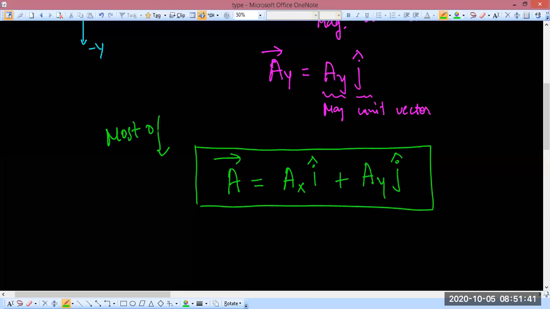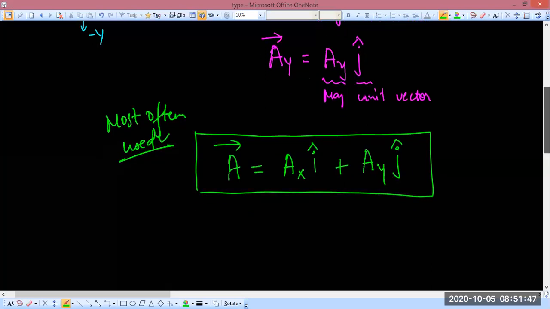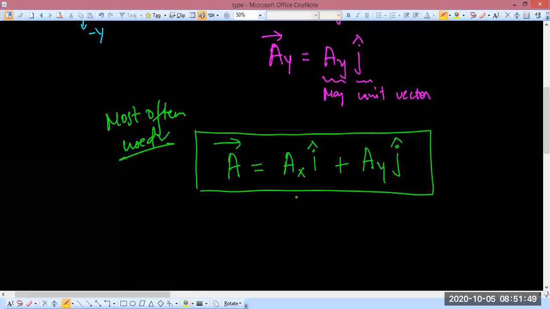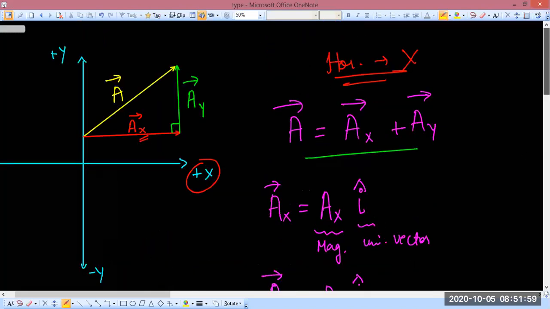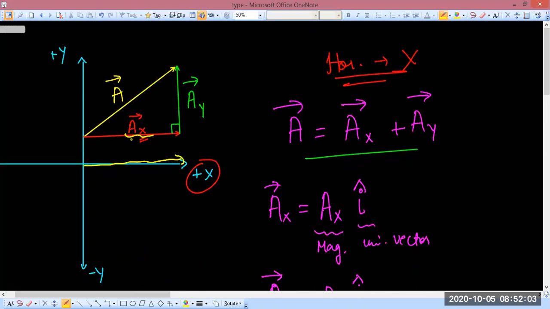Most often used, right? Okay, so here what we are having is this is the x component. See, why am I calling it x component? Because it is along the x axis or parallel to x axis. Have a look at this. It's parallel to x axis. So what is this called?